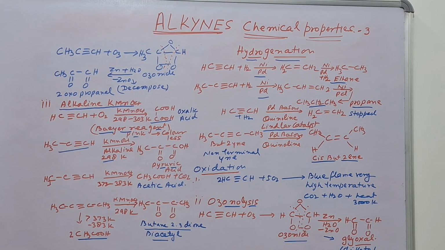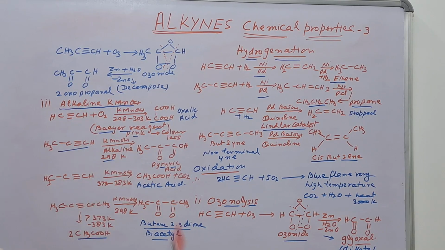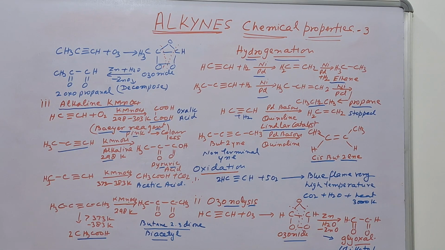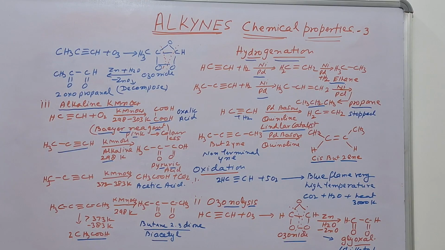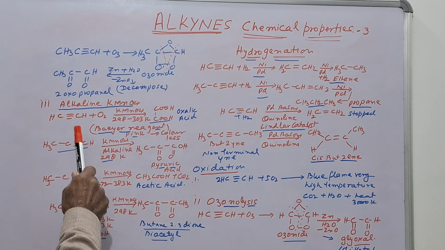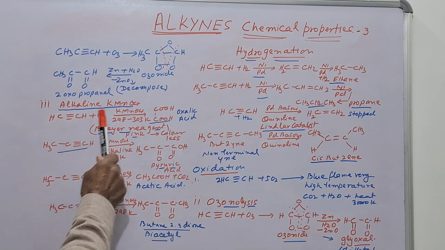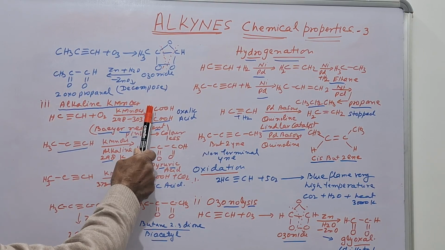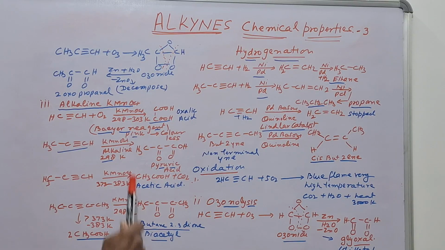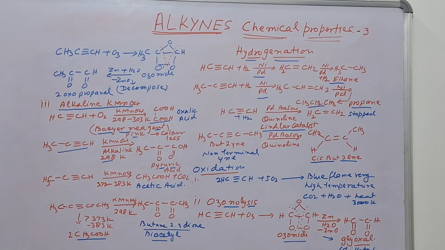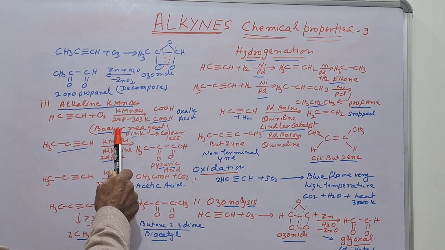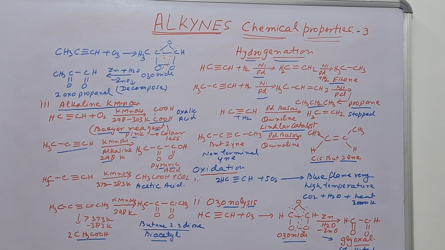Now the most important is the oxidation with alkaline potassium permanganate. You see, alkaline potassium permanganate is pink in color, also known as Baeyer's reagent. When ethyne reacts with alkaline potassium permanganate, that is oxidation at low temperature, it converts to oxalic acid and the pink color changes to colorless.